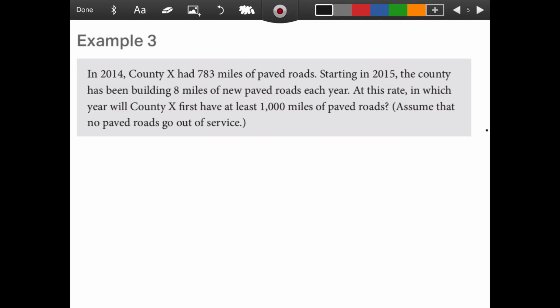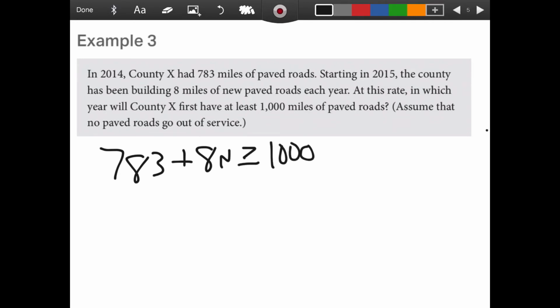In the example we just did, we said 783 plus 8n. But now we want to know when there will first be 1,000 miles of paved roads. So now, instead of just having a function, we can say 783 plus 8n is greater than or equal to 1,000, because this number with no units or variables is just the miles of roads.